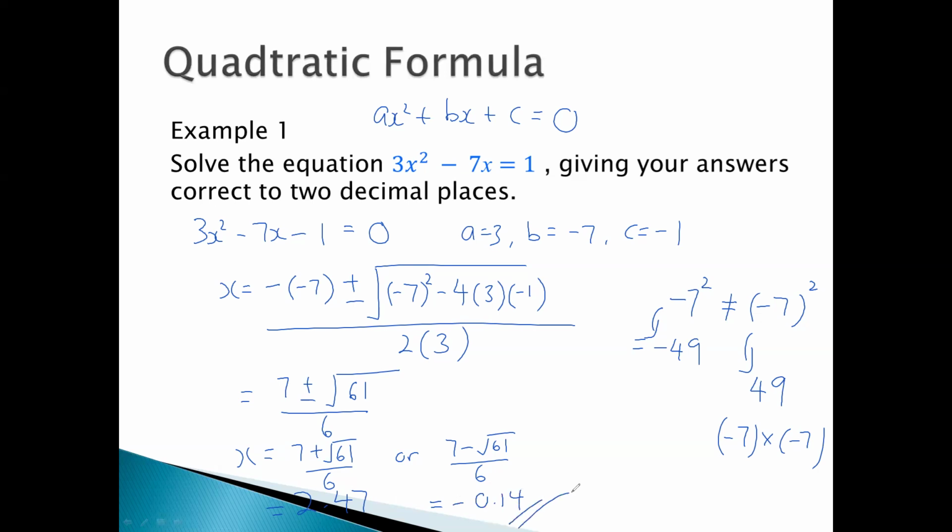And there you go. I've effectively solved this equation using the quadratic formula. Okay, now let's move on to the next example.